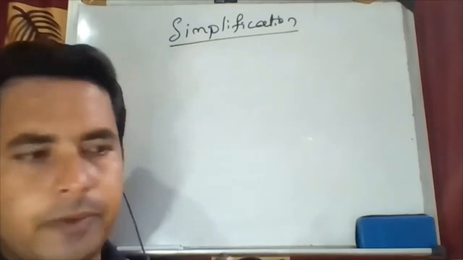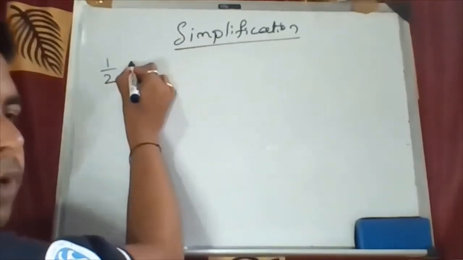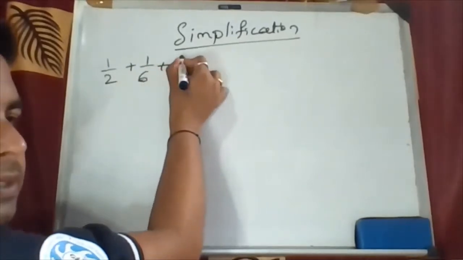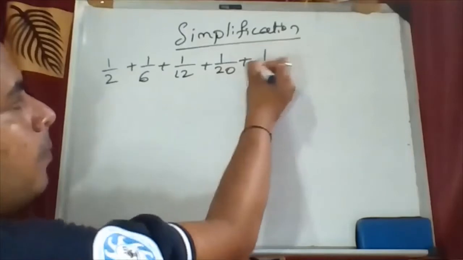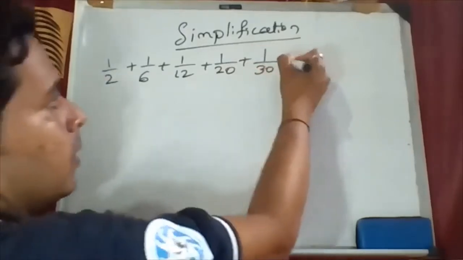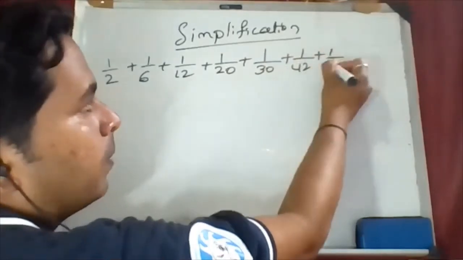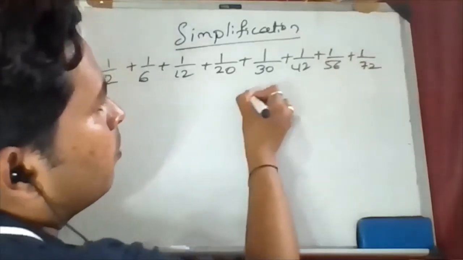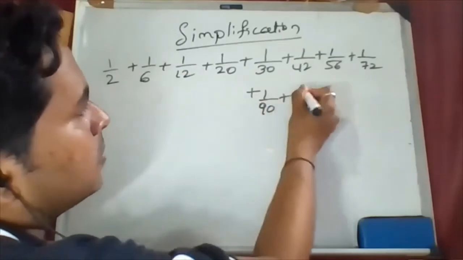Okay. This is 1 by 2 plus 1 by 6 plus 1 by 12 plus 1 by 20, 1 by 30, 1 by 42, 1 by 56, 1 by 72 plus 1 by 90 plus 1 by 100.